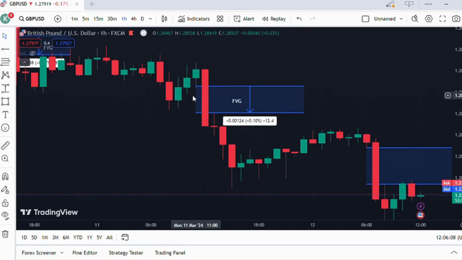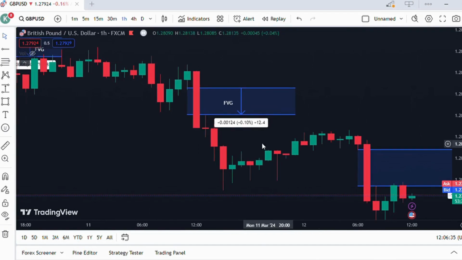In such circumstances, price tends to move faster. Some orders will be left unfilled, meaning that in the region of space created, price will tend to go back to refill orders that are yet to be executed.